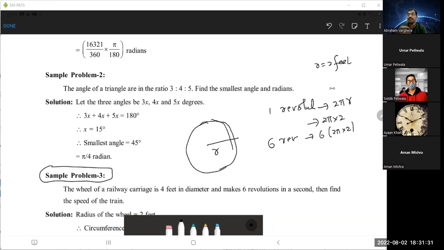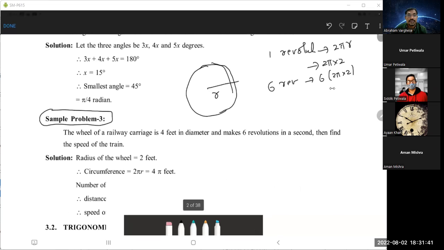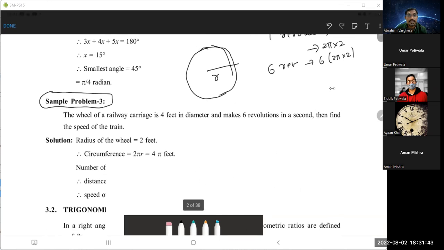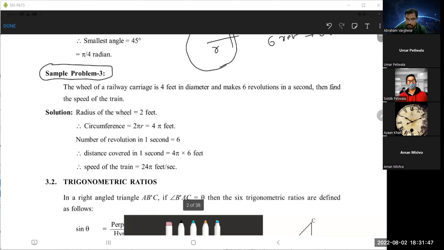Therefore, the speed will be this divided by the second, per second, because the unit is given in per second, right? So you can see the circumference will be 2 pi r, where r is 2, so it will be 4 pi feet. The number of revolutions is given as 6, so total distance covered will be 6 times 4 pi.